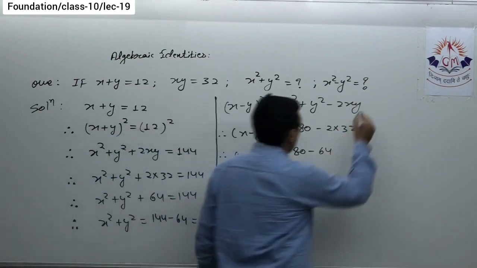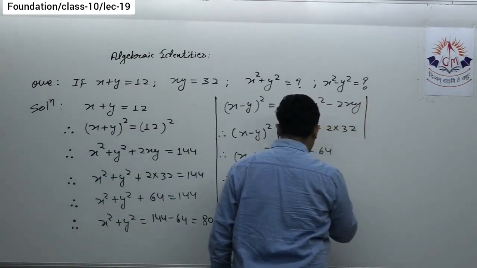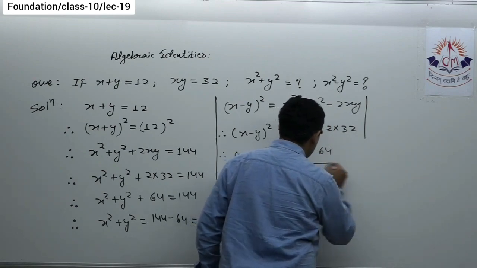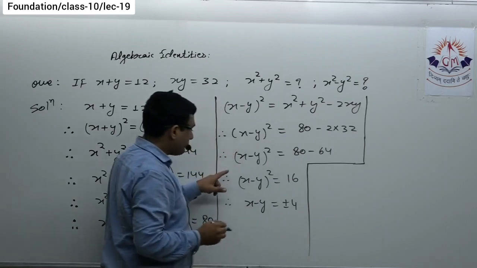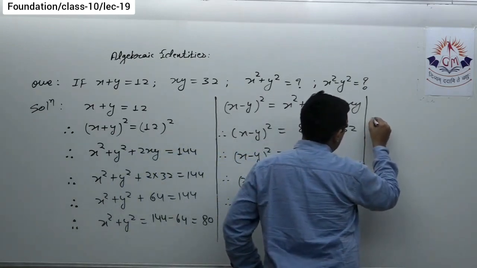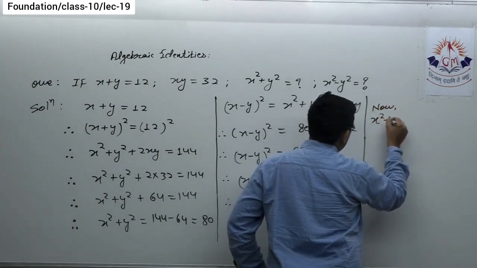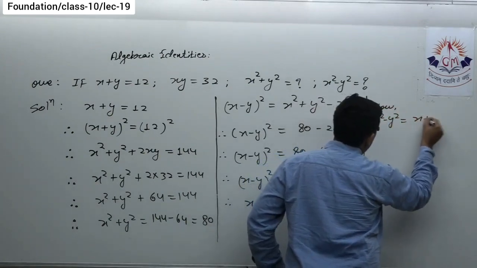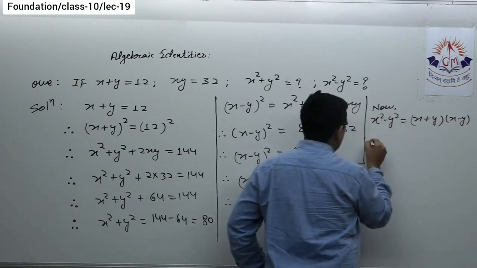Okay, now what actually do I have to find? x square minus y square, isn't it? And x square minus y square is equal to x plus y times x minus y.